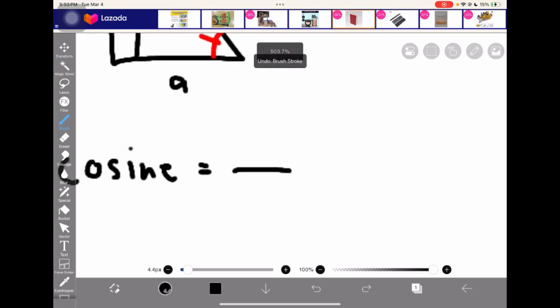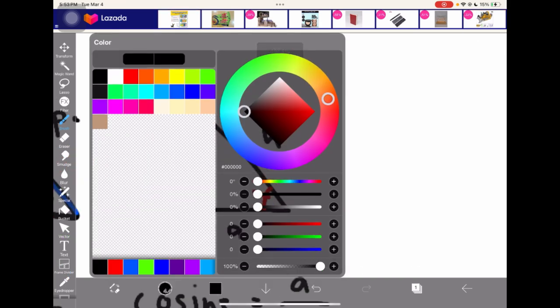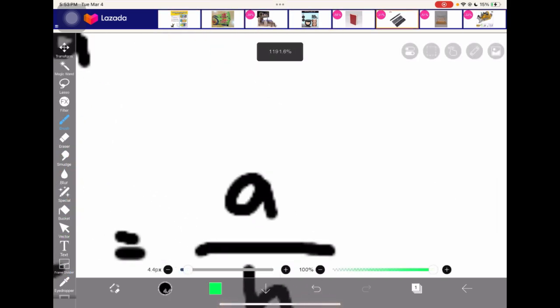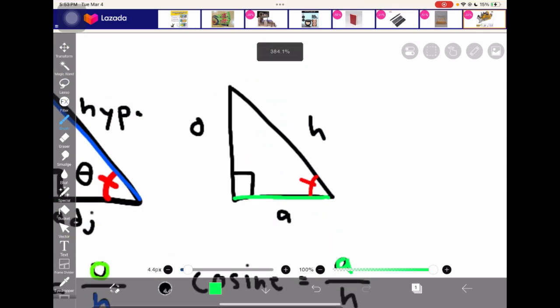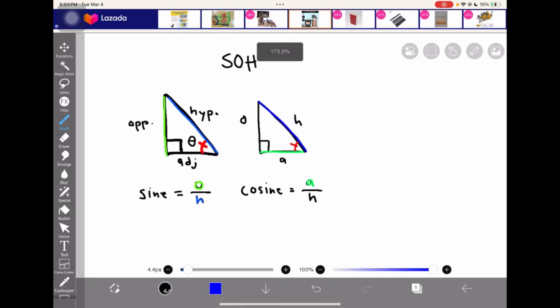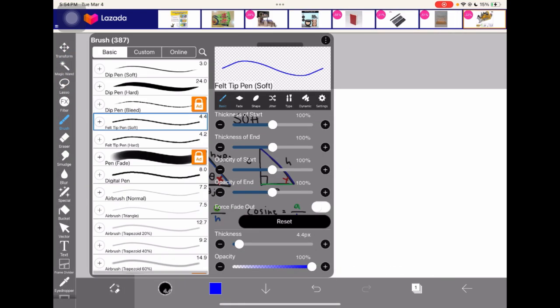Oh no, sorry. Adjacent over hypotenuse. So in turn, this is going to be adjacent, so let's highlight that as green. And H, hypotenuse, over here. So that is going to be our second main trigonometric ratio.